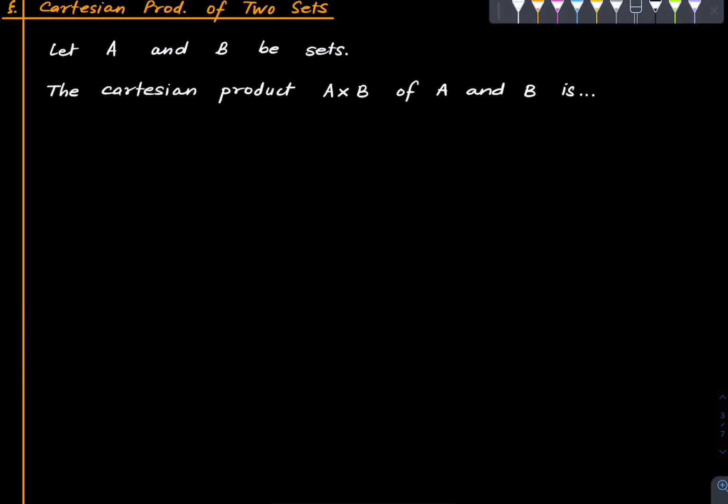So here is a quote-unquote definition. It is not a very proper definition, but it is the way we think about the Cartesian product of two sets. Suppose A and B are sets, and yes, they are non-empty.